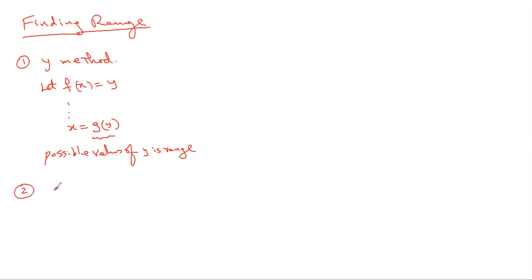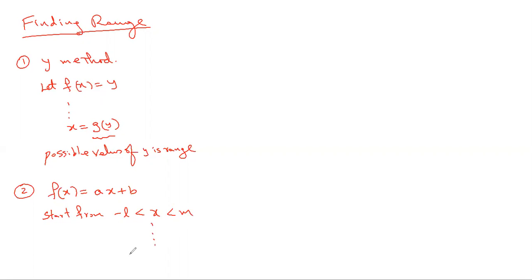Suppose f of x is equal to some expression like ax plus b. Start from the domain condition, that means where x lies. Suppose minus L is less than x is less than m, that is basically the domain information.